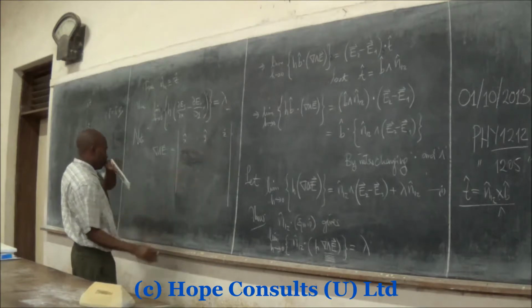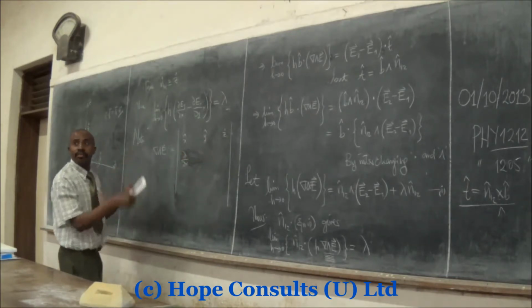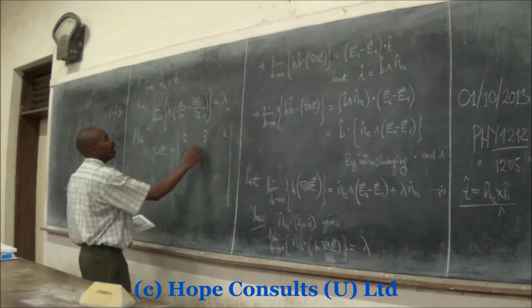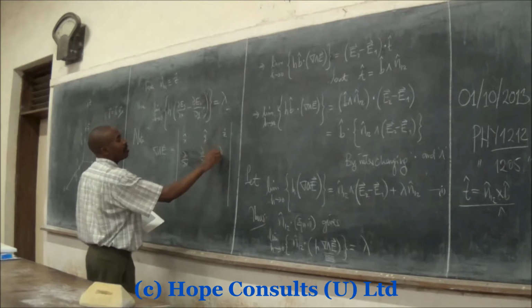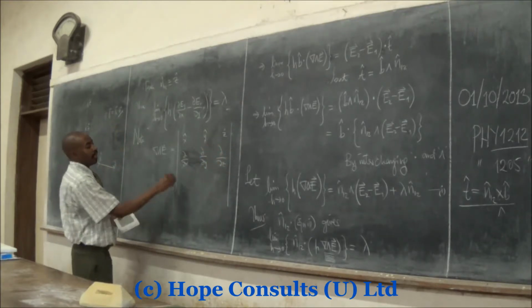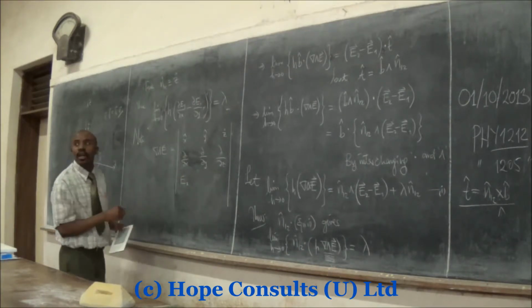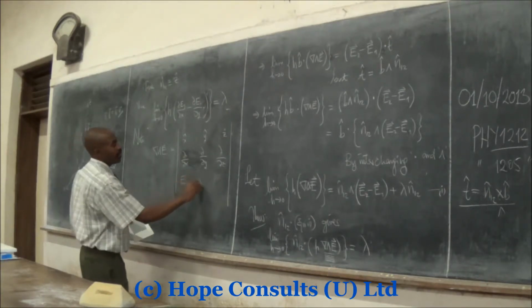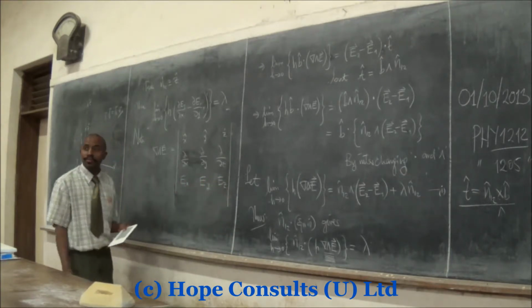So we have ∂/∂x for the x component, ∂/∂y for the y component, ∂/∂z for the z component, and then we take care of the electric field intensity along the x, along the y, and along the z.